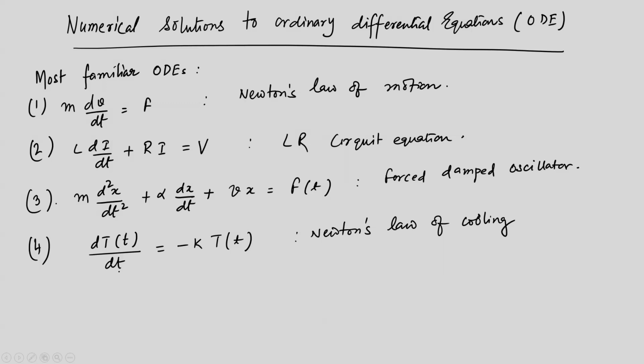Capital T is the temperature and small t is the time. The rate of change of temperature is proportional to the temperature, with a constant given by K, which of course depends upon the material.